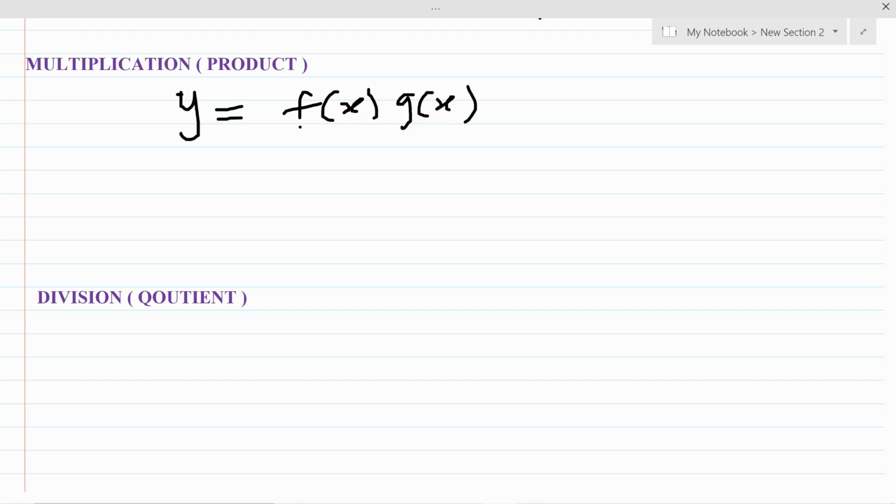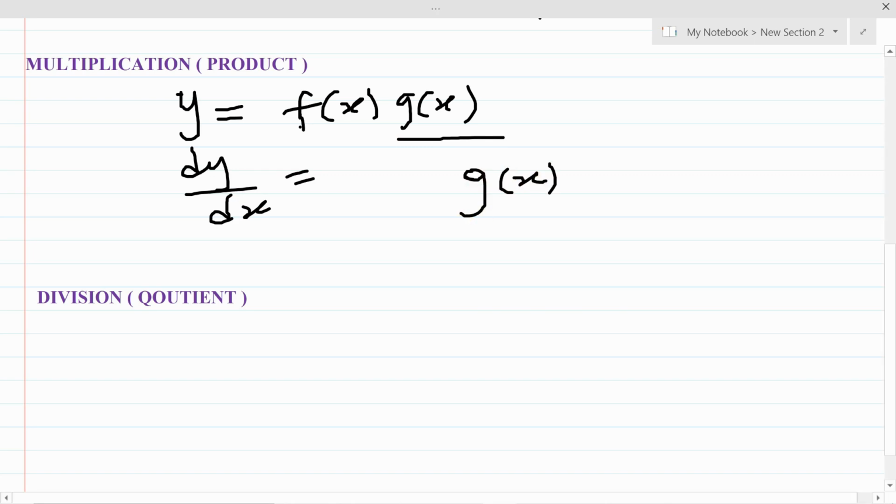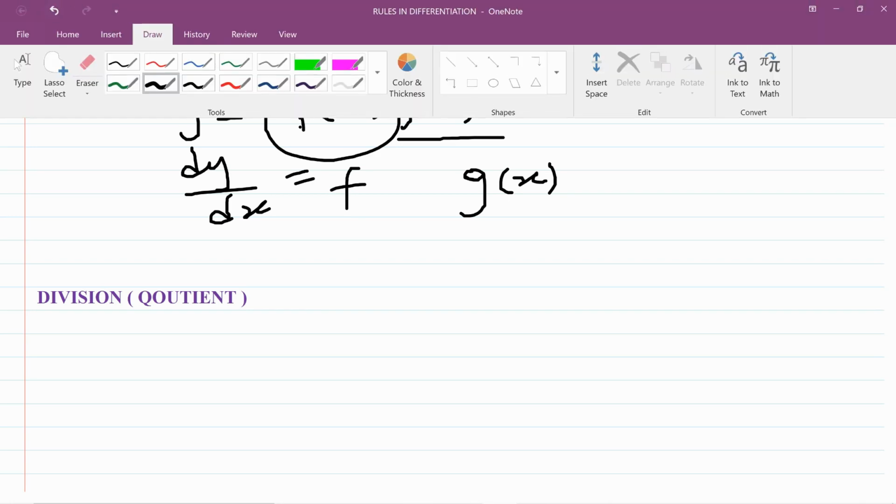Then if I want to differentiate the whole of this, dy dx will be equal to what? First thing you do is just maintain this side. So you write your g of x, everything that is there, you write it back, then you differentiate this side, and that will give me f prime of x. Let me write what we know already.